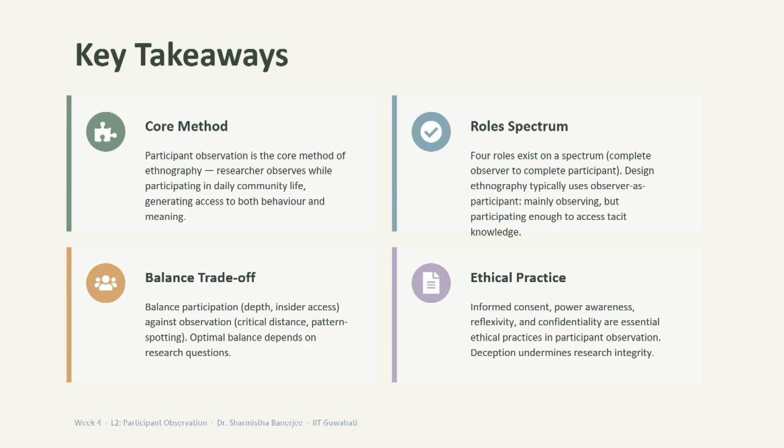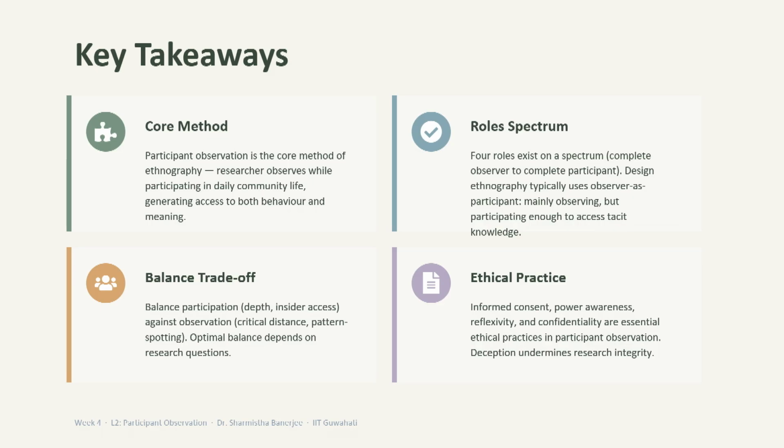Design ethnography typically uses observer as participant, mainly observing but participating enough to access tacit knowledge. Balance the trade-offs: participation, which is about depth and insider access, against observation, which is critical distance and pattern spotting. The optimal balance depends on your research questions.